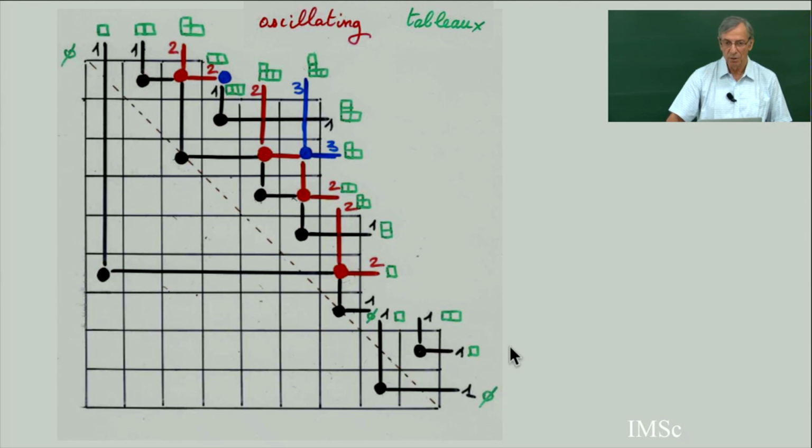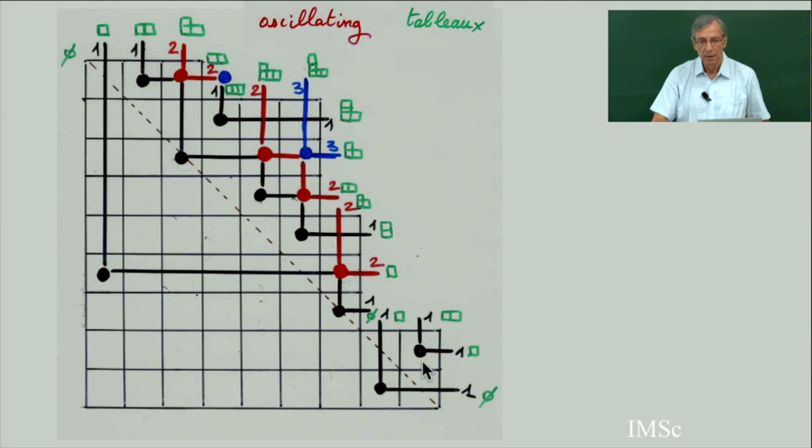It's very easy to see that this is a bijection between oscillating tableaux going from the empty diagram to the empty diagram, and the rook placements where there is exactly one rook in each row and column. This was the thesis of Sheila Sundaram. She was working in the representation theory of other groups, SO, etc. This is some deep, very beautiful representation theory, and instead of standard Young tableaux, you have oscillating tableaux appearing.